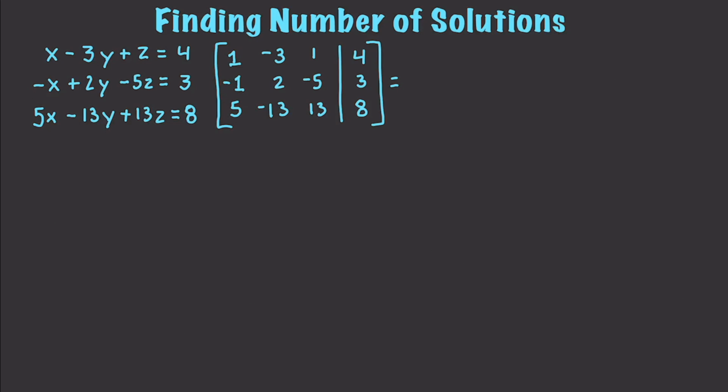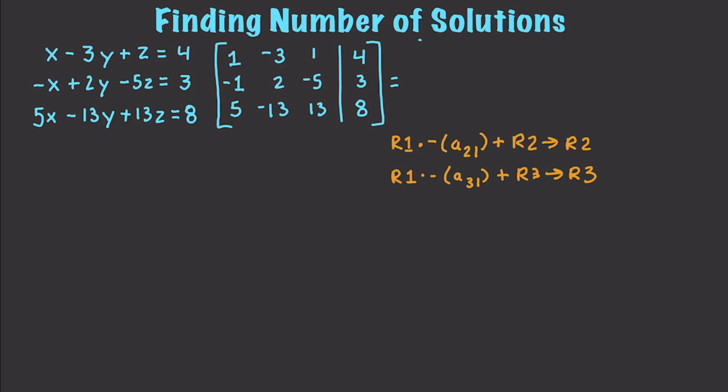So the formula that I am going to use right now is R1 times negative A21, which is row 2, column 1. Then I'm going to add that to the value of R2 and put it in row 2. And then I'm going to do the same exact thing for row 3: the negative value of whatever is in row 3, column 1, times R1, plus the value inside of R3, and then I'm going to put that inside of row 3.